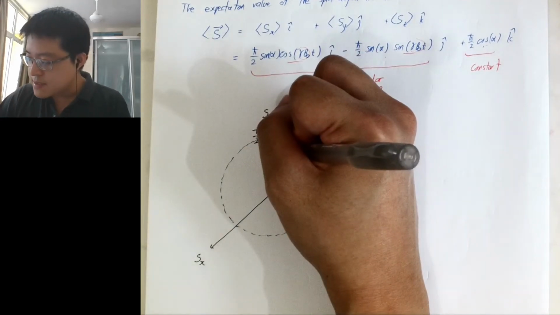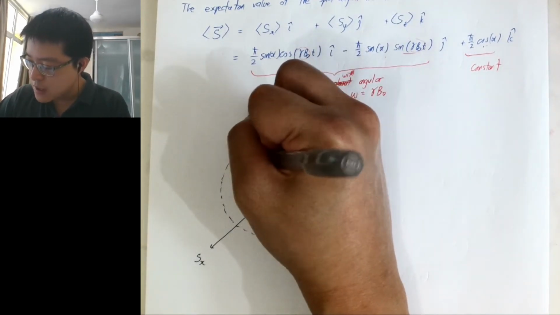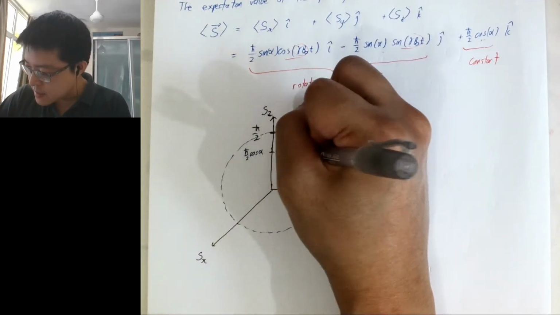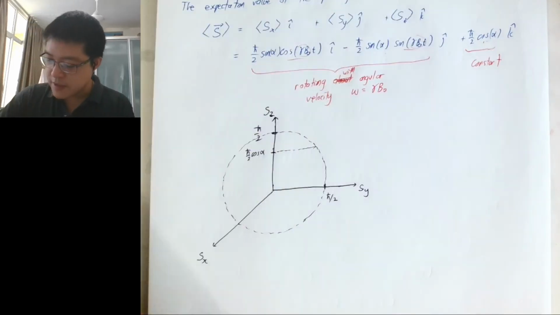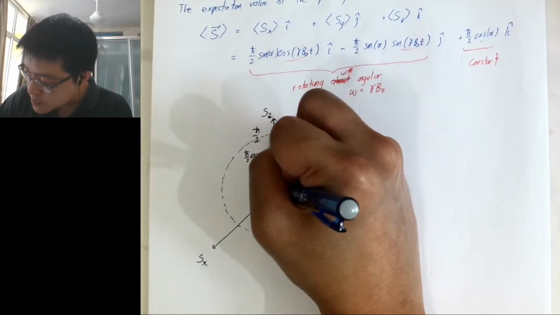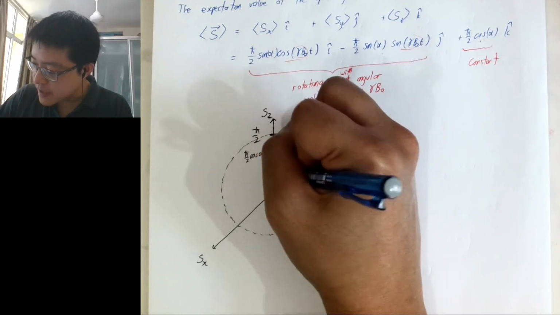So maybe it's somewhere here, roughly speaking, h bar over 2 cos alpha. So that means my vector is here to here, right? The full length is h bar over 2, but it's cosine alpha, so in fact this is alpha.